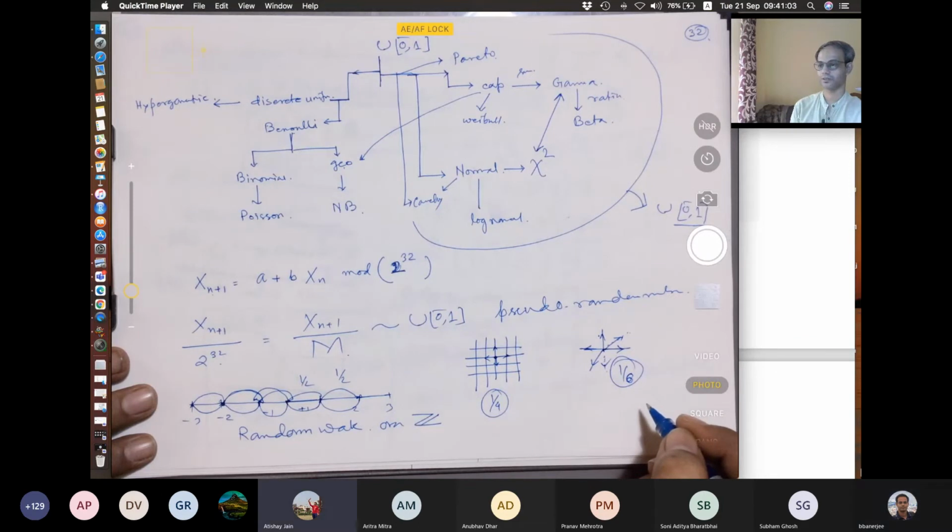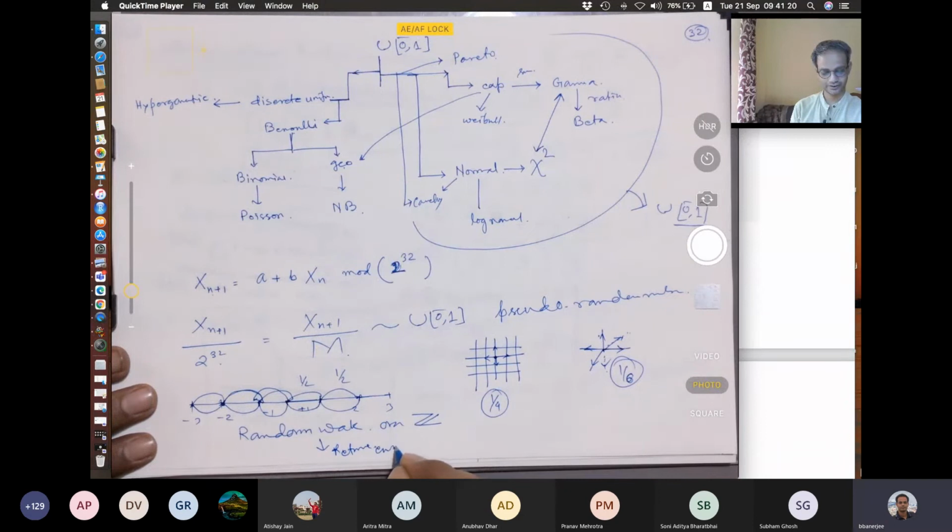But no return, return is not guaranteed. Start from the origin with equal probability, return is not guaranteed. For this one, return is ensured. For this one also, return is ensured.